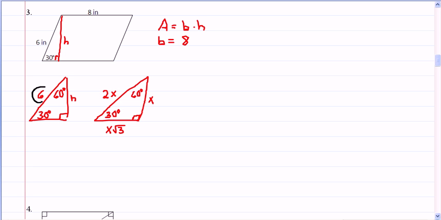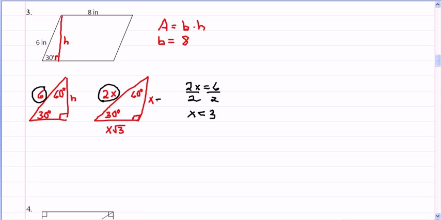The only value that I am given in the triangle is the 6, and the 6 corresponds to the 2x. So if I write an equation, 2x is equal to 6, I can solve for x by dividing both sides of the equation by 2 to get x equals 3.